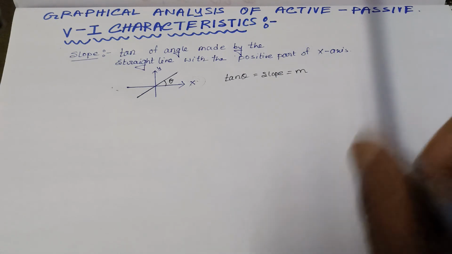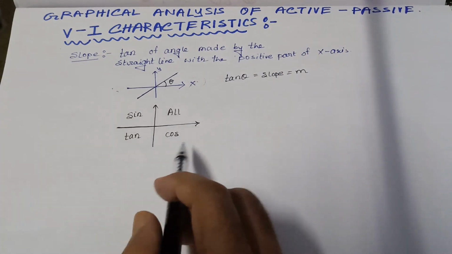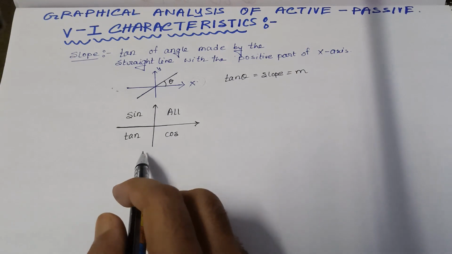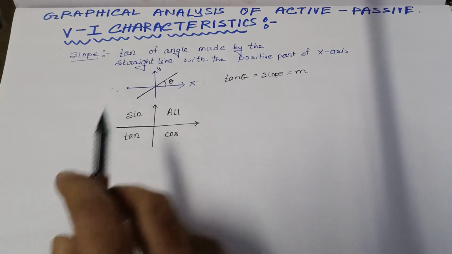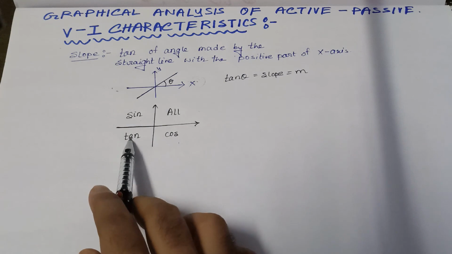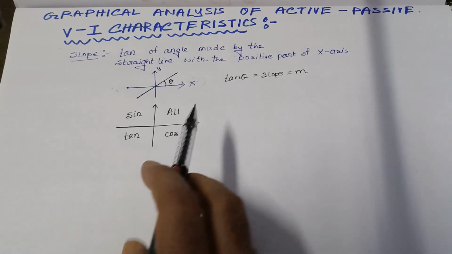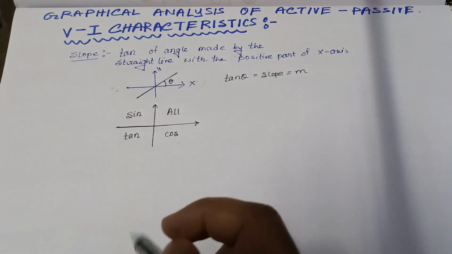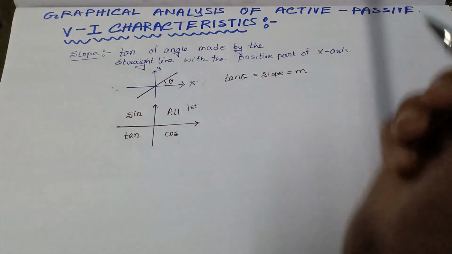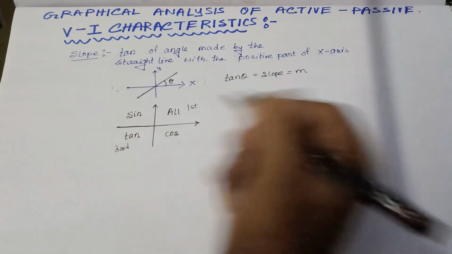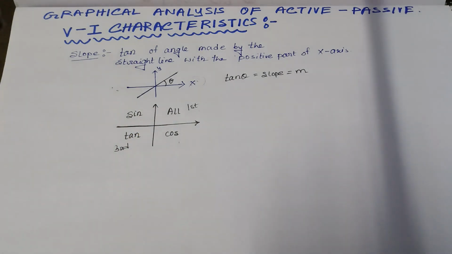Now remember one thing, this you have learned in class 11. This all sine, tan, cos means first quadrant, second quadrant, third quadrant and fourth quadrant. So tell me, in which quadrant will the value of tan be positive? In first and third quadrant, right? And in which quadrant will the value of tan be negative?